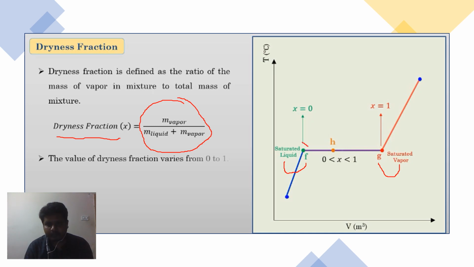At point F, mass of vapor is 0, so the dryness fraction will be 0. At point G, mass of liquid is 0, so the dryness fraction will be 1. For any point between F and G, the dryness fraction varies from 0 to 1.